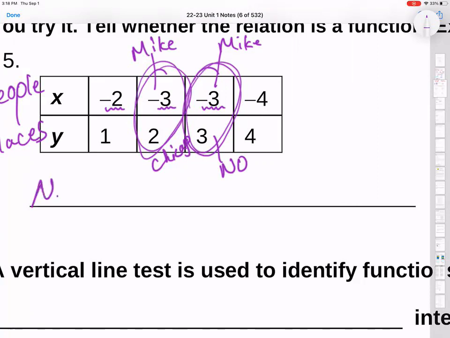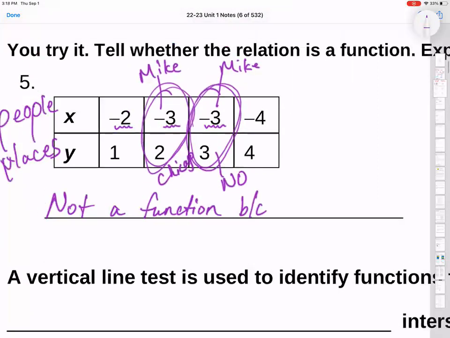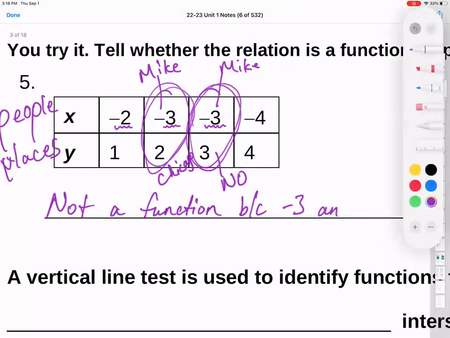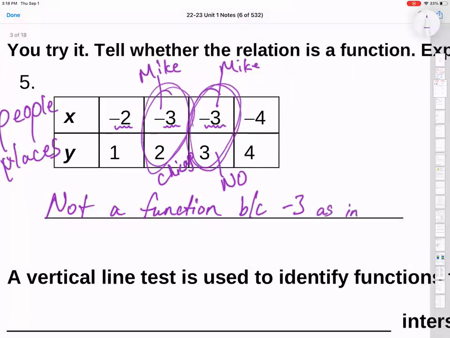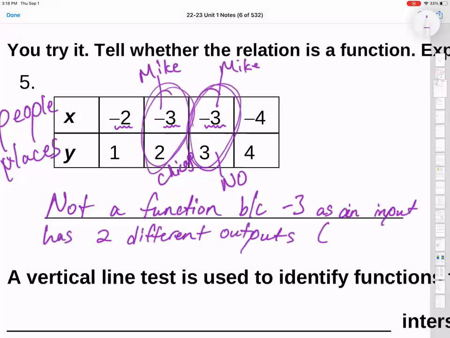So this is not a function because -3 as an input has two different outputs, 2 and 3. On the homeworks and quizzes, that's what we're looking for in the explanation. Yes, you do have to explain those on those quizzes and tests.